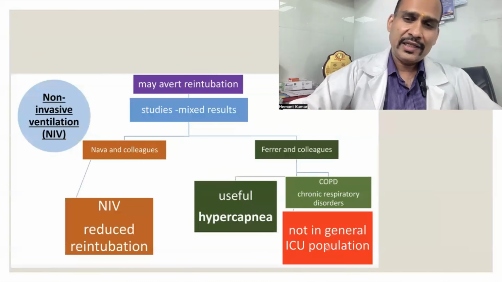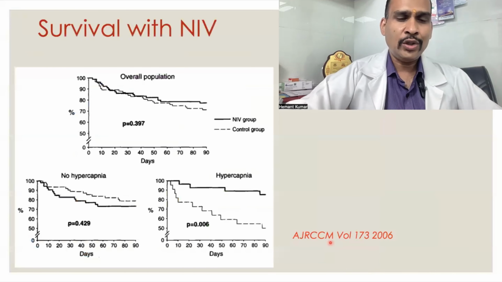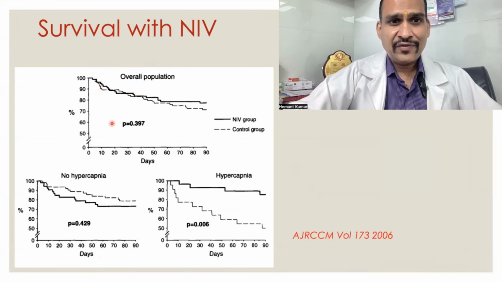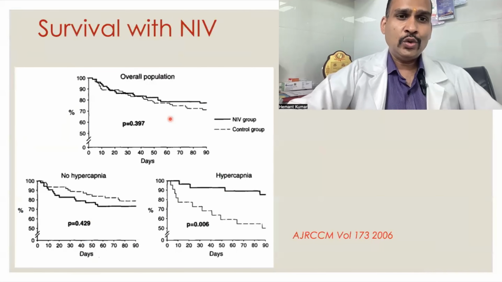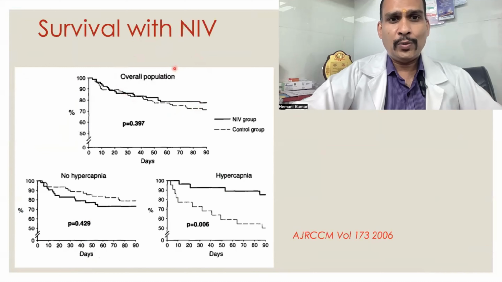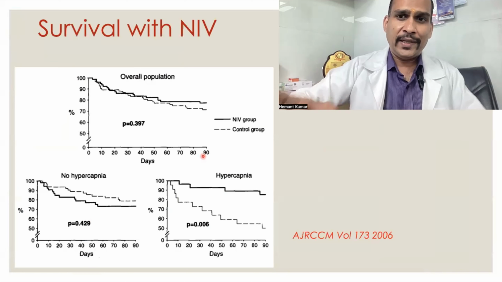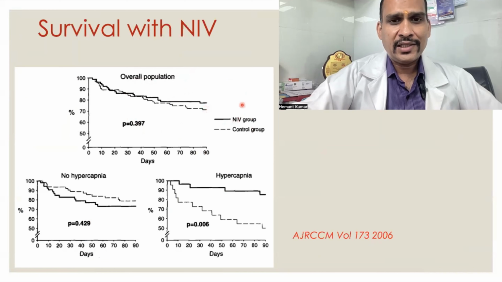It means it can be used in type 2 respiratory failure or chronic hypercapnic patients. So this is the survival rate with NIV after extubation. If you see the overall population, meaning mixed ICU patients where you are applying NIV to all patients, then survival is almost equal in the NIV group and control group.